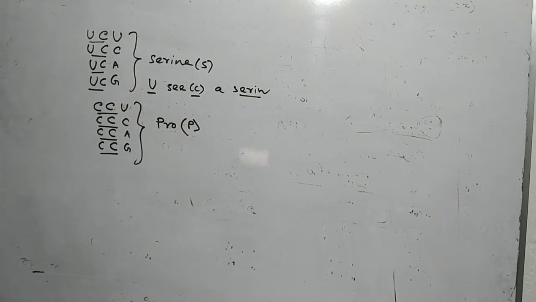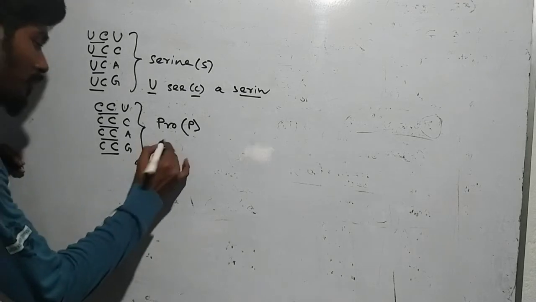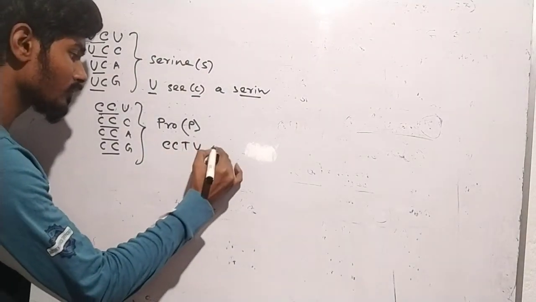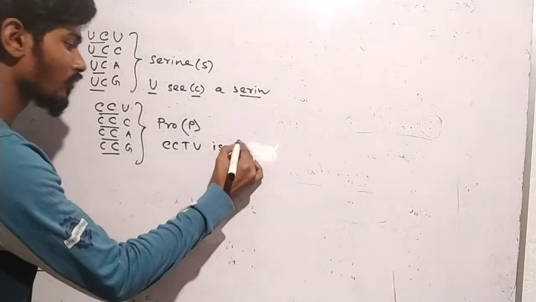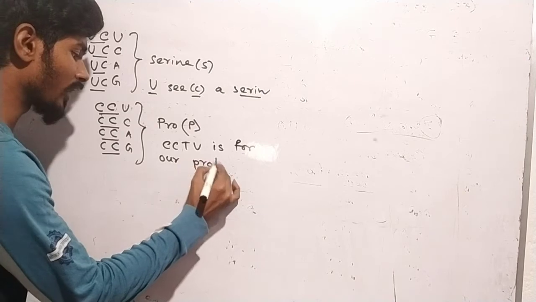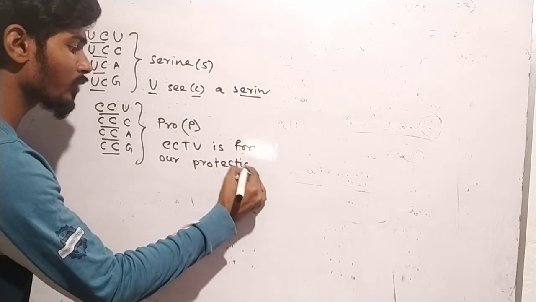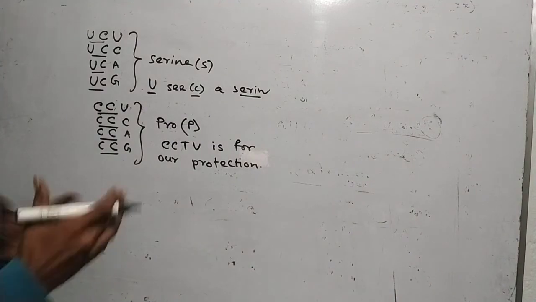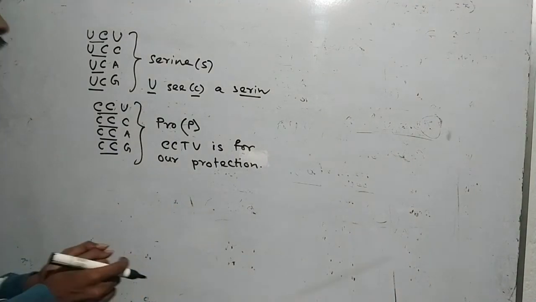Okay, so how can you remember this? Just remember this, that CCTV is for our protection. Okay, so whenever you go in a public place, if something happens, the CCTV captures the video or the footage.